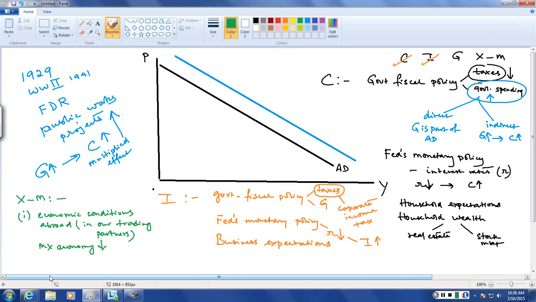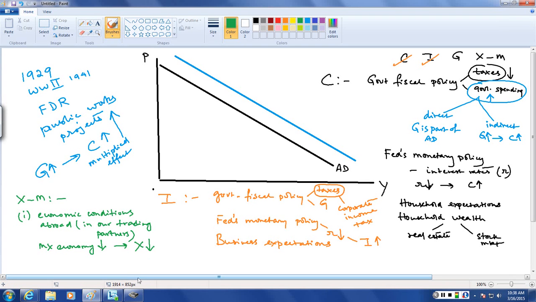How will this affect US net exports? Is there likely to be some connection between economic conditions in Mexico and United States net exports? Well, if the Mexicans become poorer, are they more likely to buy US goods or less likely? Less likely, is that correct? So what will that do to our exports to Mexico?